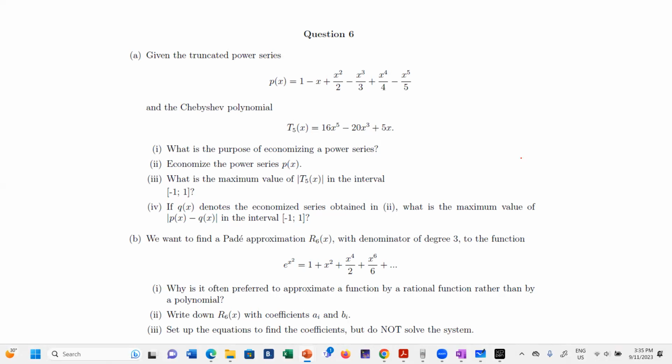We did the Padé and so on, but I wanted us to look at a more general consolidation question on these things, the ratios of polynomials. It goes with the Padé approximation method. Like here, when they say find a Padé approximation R6, we understand that this has to do with the degrees of the rational function. We discussed it, so I planned an example, this one, to consolidate that.